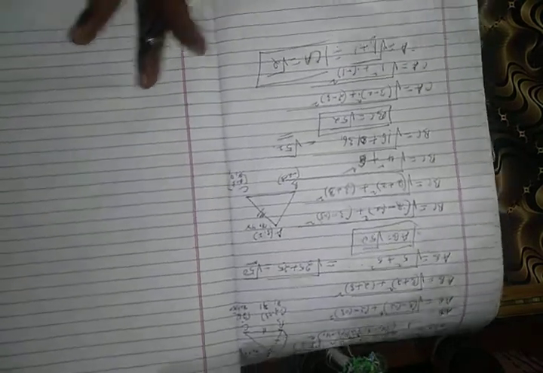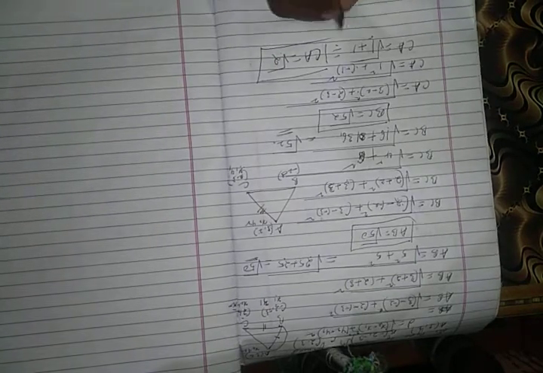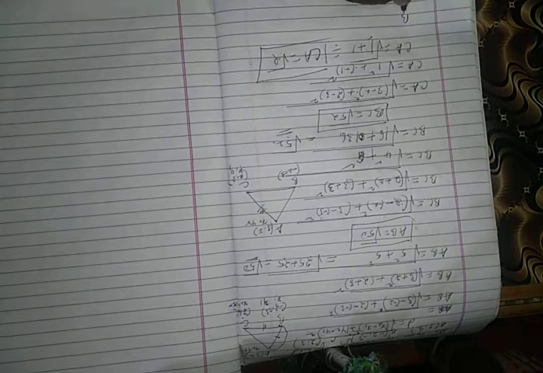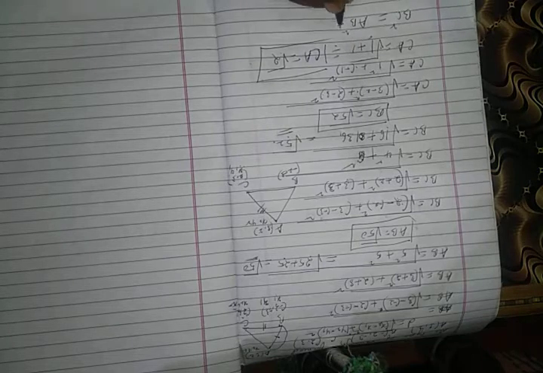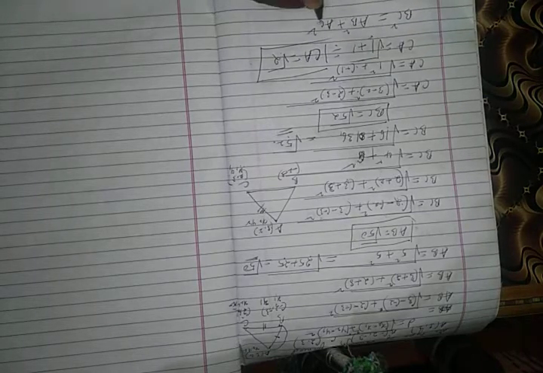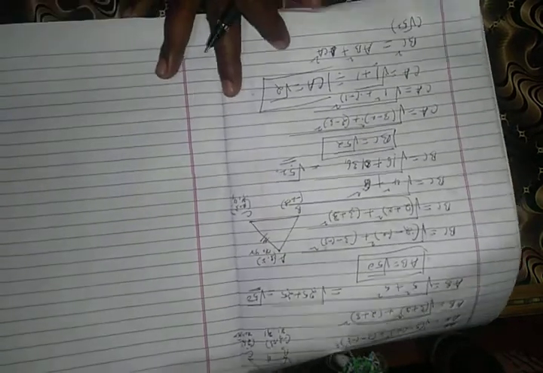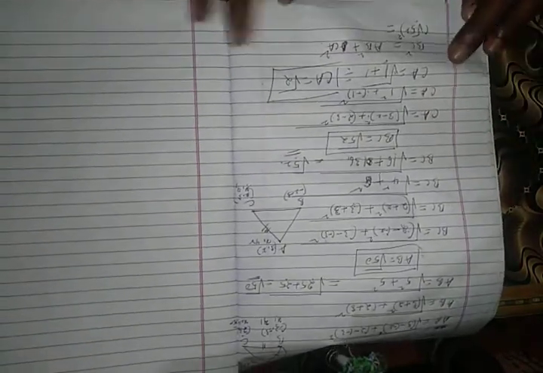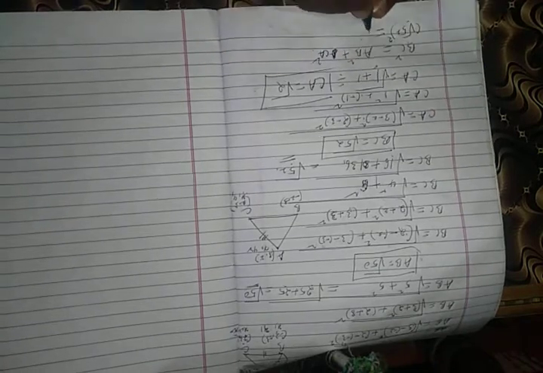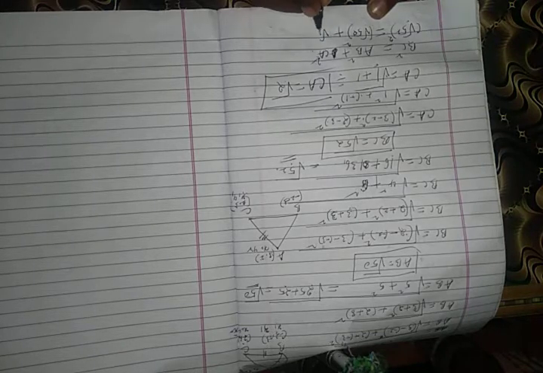By using the Pythagoras theorem, what is the longest side? The longest side is square root 52, which is BC. BC square is equal to the remaining two sides, AB square plus CA square. So BC, root 52 whole square, is equal to AB, root 50 whole square, plus CA, root 2 whole square.